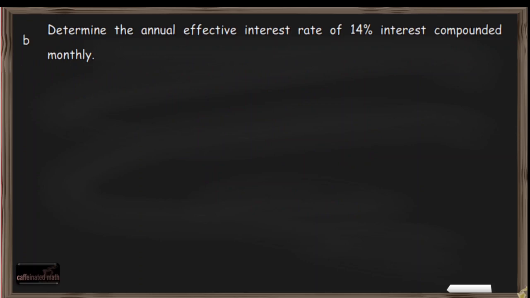Determine the annual effective interest rate of 14% interest compounded monthly. Well, there's this fun little formula that you're required to remember, I think, and that's equal to (1 plus i over m) to the power m, minus 1, where this m relates to our nominal interest rate and the conversions we do over there.